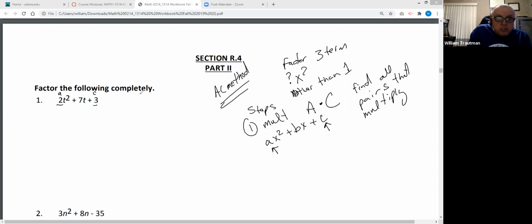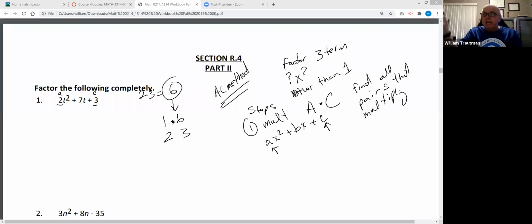So we get 2 times 3 equals 6. So we're going to find all pairs that multiply 6. 1 times 6 and 2 times 3. Very similar to what we did yesterday. We did the last term. This time we're multiplying A and C together. These two, we're multiplying those 2 together. And we got 6.